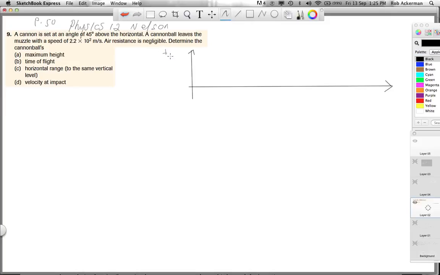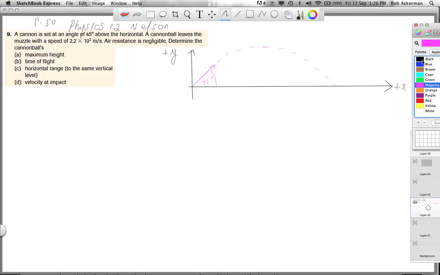I'm going to call this the positive y direction up, and this is going to be the positive x direction to the right. And just like before, I'm going to have my initial velocity vector. Now they mentioned something about 45 degrees here, so I can put that in. And I can predict that this cannonball will rise up and it's going to come down maybe somewhere over here.